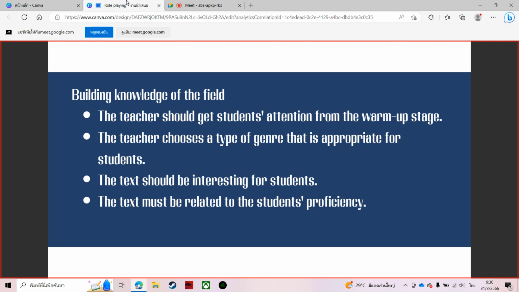And the next one is the text should be interesting for students. If the text is interesting for them, it will motivate them to learn. And the text must be related to the students' proficiency.